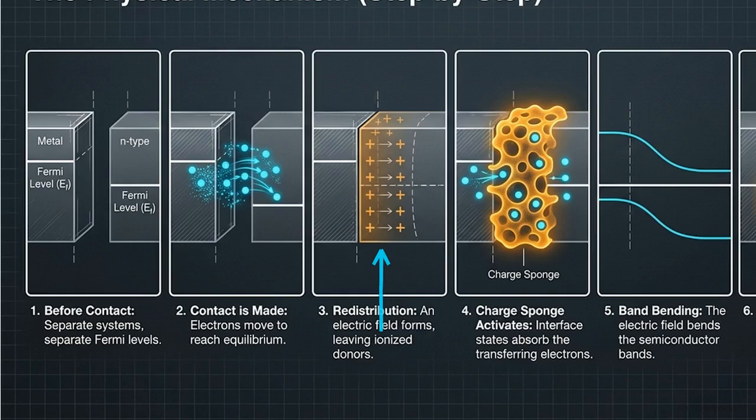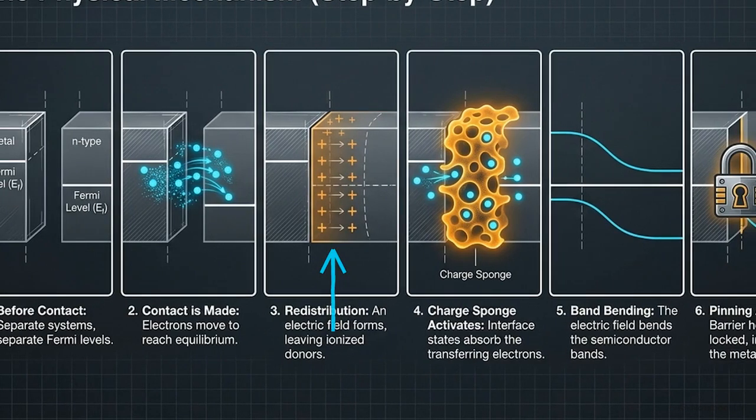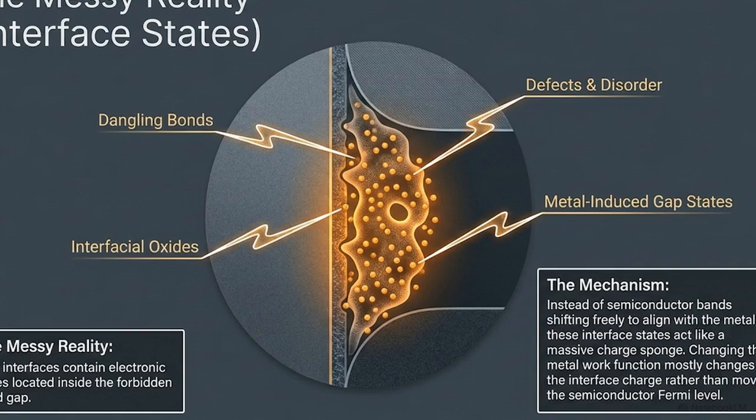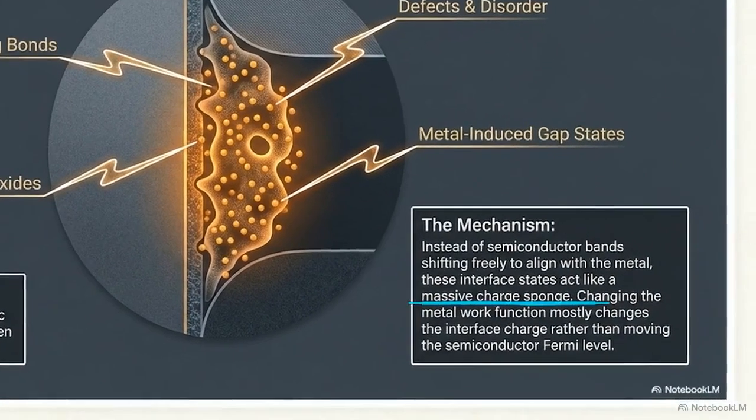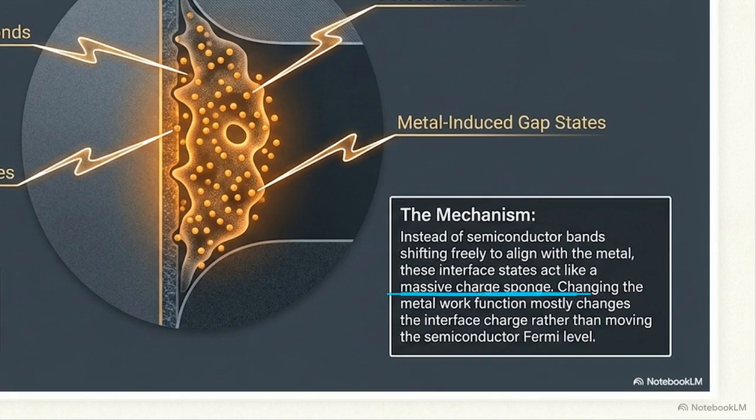This transfer leaves positively charged ionized dopants, initiating band bending. Ideal theory ignores that real surfaces are contaminated with dangling bonds and atomic disorder, creating interface states. Quantum mechanics dictates no electron states should exist in the forbidden band gap, yet these chaotic states do. Collectively, they act like a massive electronic charge sponge.